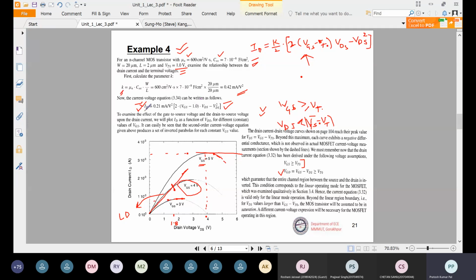That's why it is called an equation for only the linear relation. If the MOSFET is working in linear mode, then only this relation will work. If the MOSFET is working in the saturation region, there should be some other expression that does not give a decreasing value beyond a particular drain to source voltage.